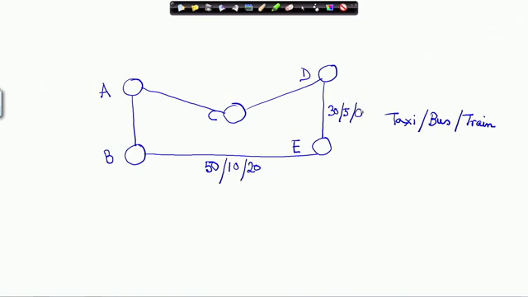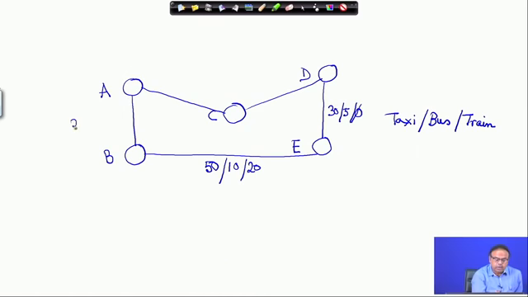So, there is no train, I put a null here. So, A to B, suppose I have got a taxi of course 30 rupees, bus maybe here in this route it is a little expensive, 7, and there is no train here.